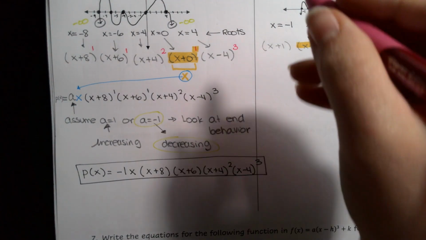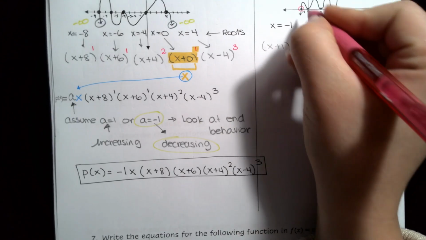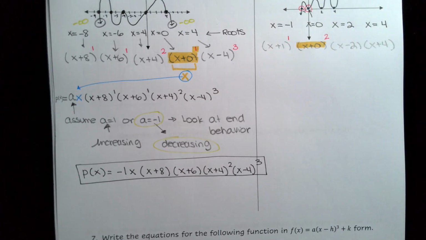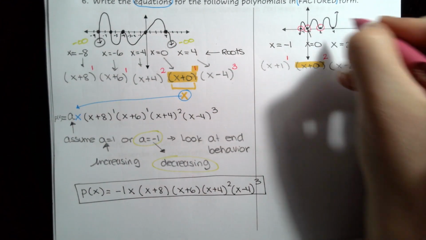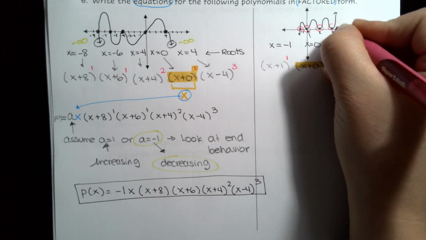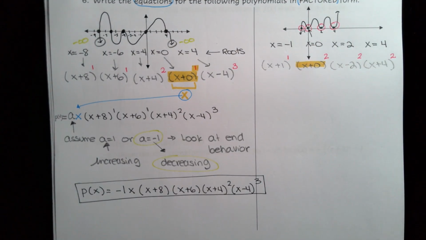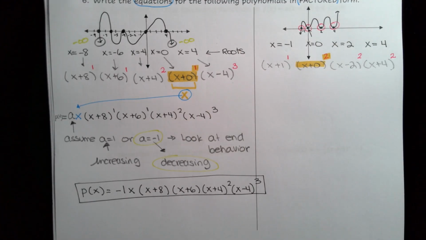Let's look at our behaviors before we do that. At -1, I do see a line, so it's 1. But at 0, I see an even behavior because it is a parabola. I also see here an even behavior and here an even behavior. So when we take our x and bring it forward, we have to take that 2 here as well.